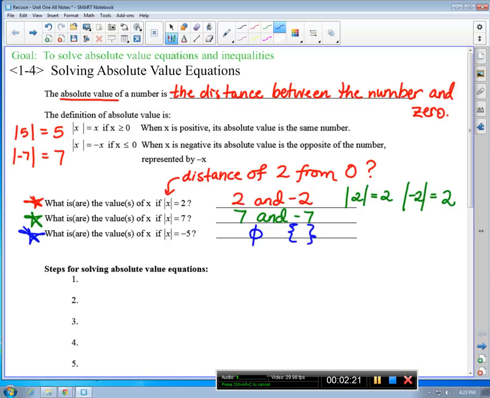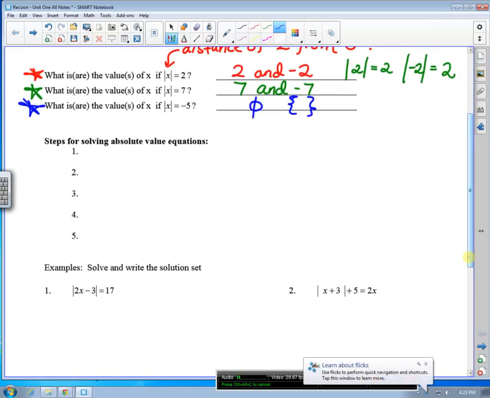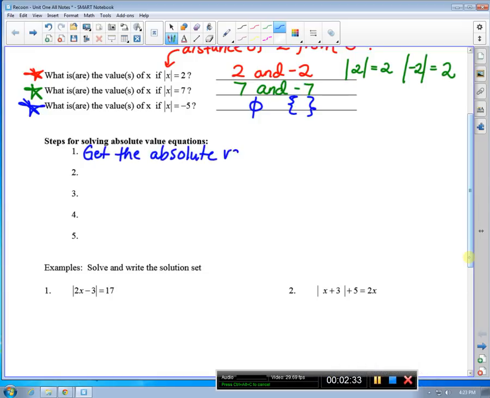Steps for solving an absolute value equation. Step 1, we're going to get the absolute value alone on one side of the equation.